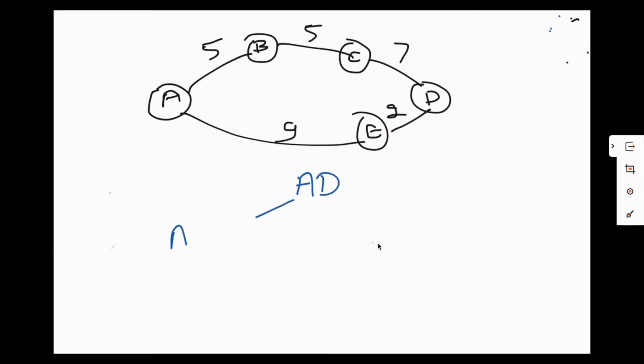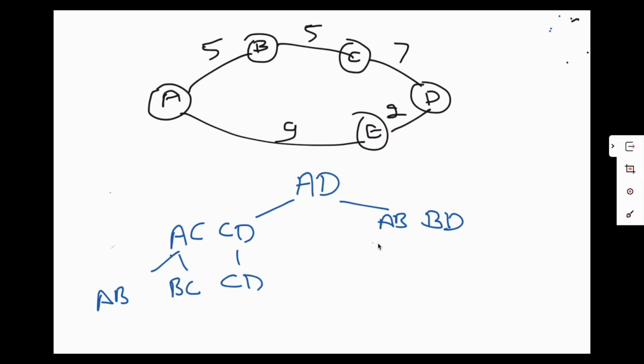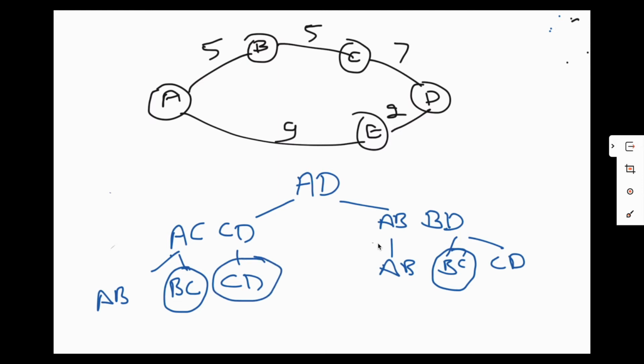I first need to go A to C and C to D, or I can go A to B and B to D. And for A to C, I can go from A to B and B to C, then this is C to D only, then this is A to B only, and this is B to C and C to D. So if you see, I need to solve B to C here, and in the same way I have to solve B to C here, and this is C to D and this is C to D, and this is A to B, this is A to B. These are examples of overlapping subproblems.